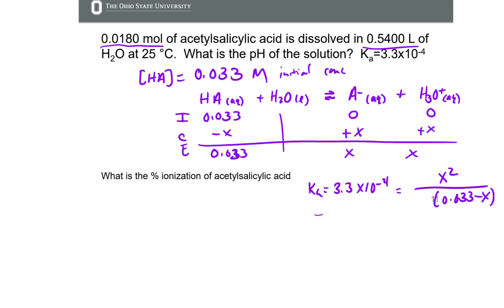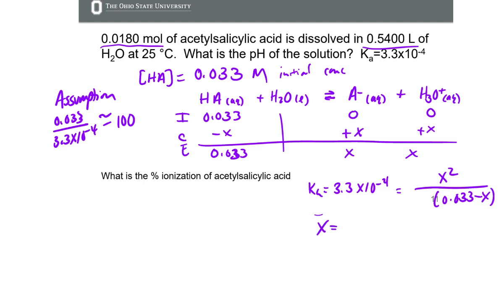Our initial concentration of acid, 0.033, divided by the Ka, 3.3 times 10 to the minus 4, is about equal to 100. So it's less than 1,000, meaning we can't assume that X is small relative to 0.033. Everyone agree on that? So we need to leave it in and solve for the quadratic.